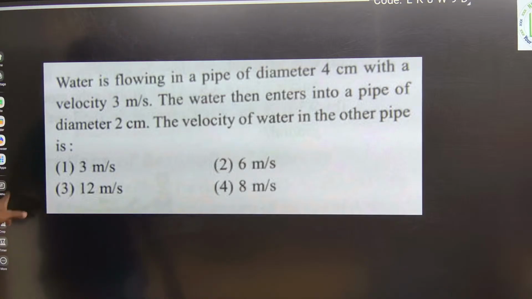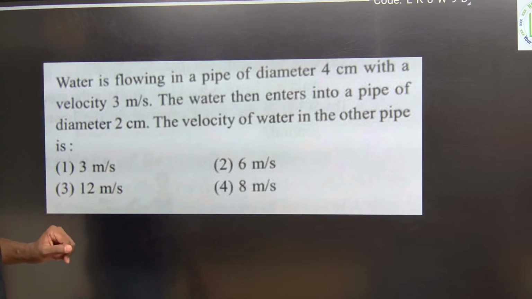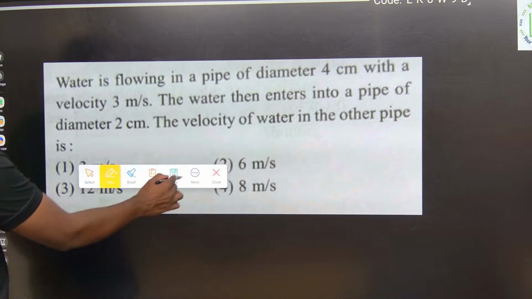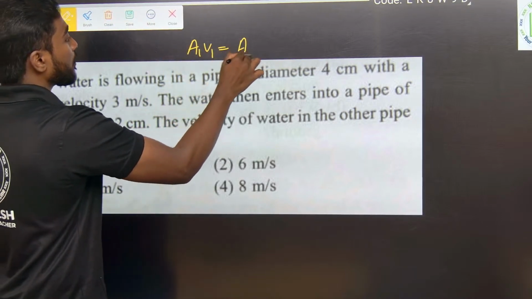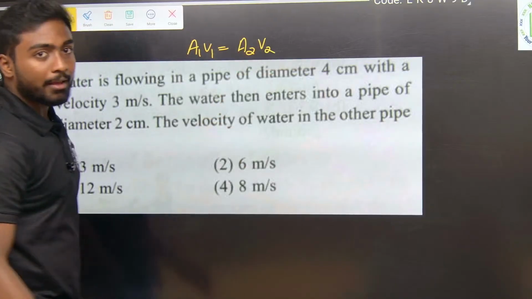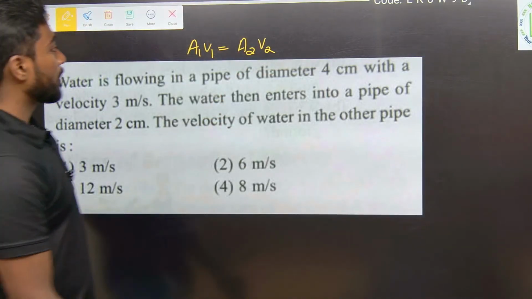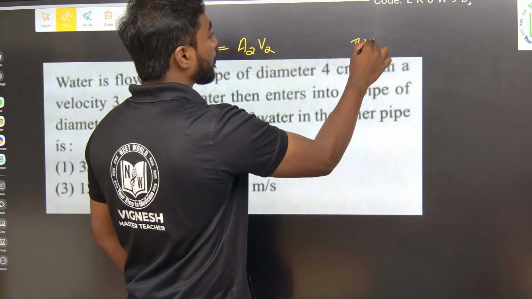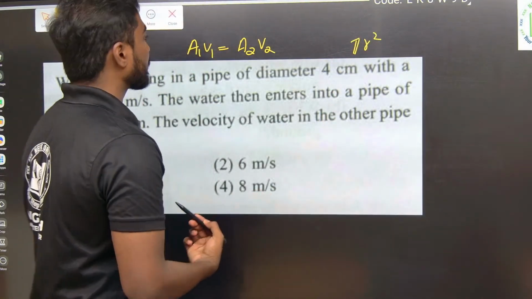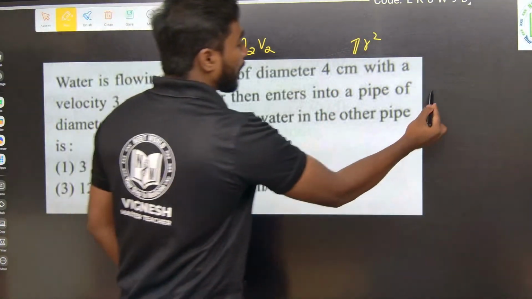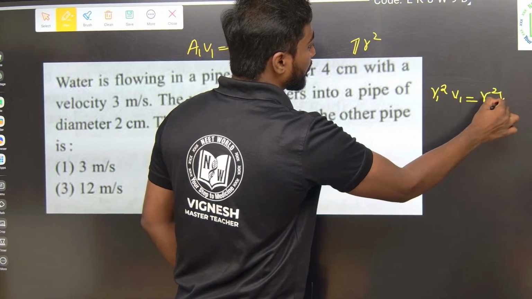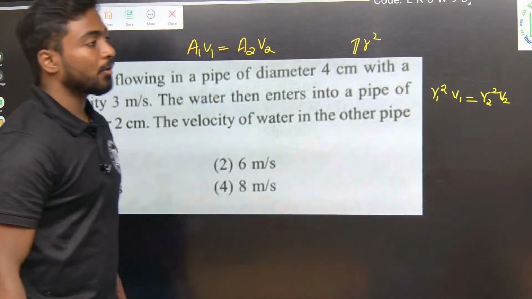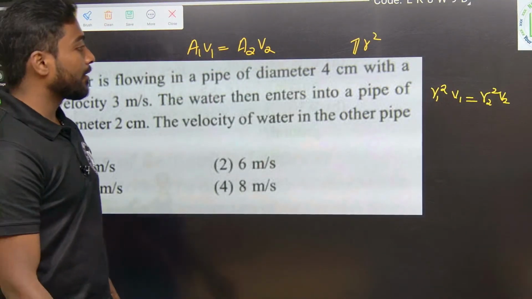I can use the principle of continuity here, that is A1 V1 equals A2 V2, where area of the pipe is pi r squared. So R1 squared V1 equals R2 squared V2, because pi is a constant and I can cancel it out.